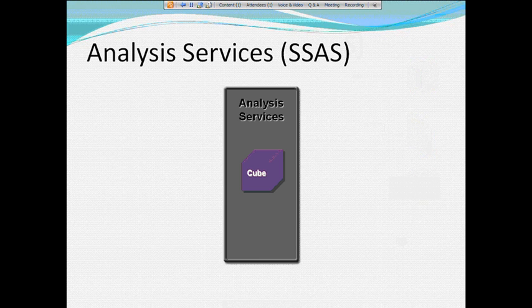A cube is a multi-dimensional storage of the data. The difference is, when we talk about a relational database, we're looking at just two dimensions of the data. For example, what are my sales? What are my sales in the month of January? But with multi-dimensional storage, we can slice the data in various formats and get very specific answers.